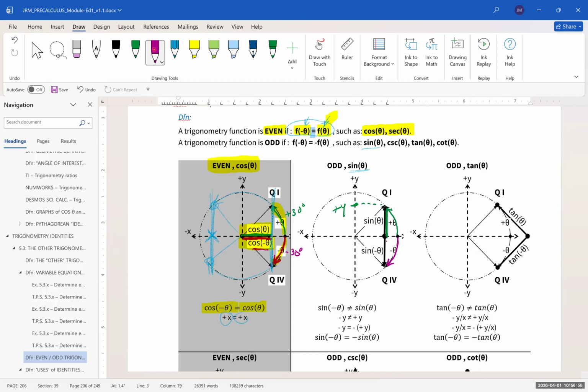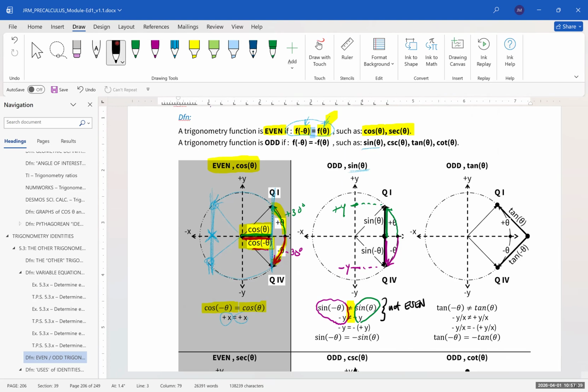But if we take the sine of a negative angle, we end up with a negative y value. Let me use the same colors here. Those are clearly not equal to each other. So that means that sine theta is not even.